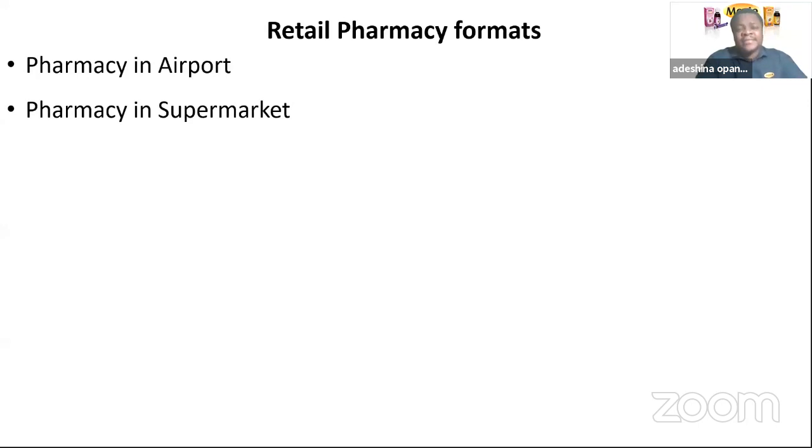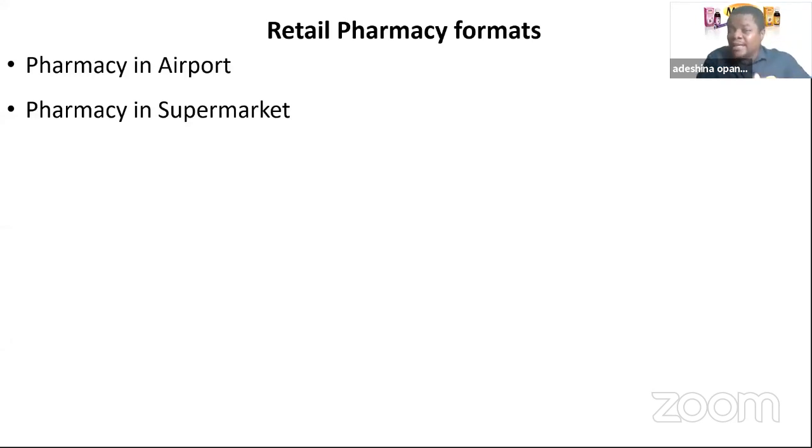Now there's pharmacy in a supermarket. If you look at the Just Right network of pharmacies, for instance, they are always in a supermarket. We have Baido Pharmacy in, I think, Ebano supermarket. I know there are branches of Net Pharmacy that are either in the Prince or Oasis supermarket. Now, there's a reason why pharmacies are situated in supermarkets.